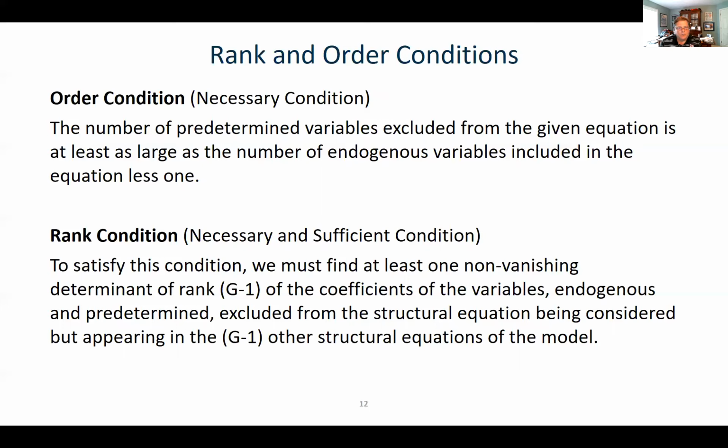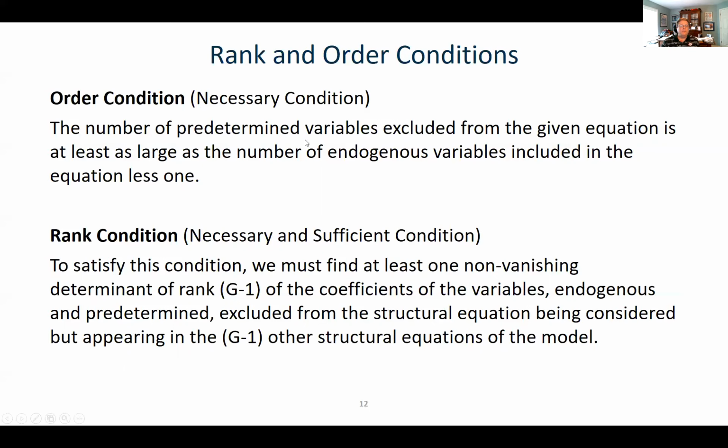And what we're going to be looking at here is that the number of predetermined variables excluded from the given equation must be at least as large as the number of endogenous variables included in that equation less 1. So order conditions, similar to rank conditions, are going to hold for each equation in the model.